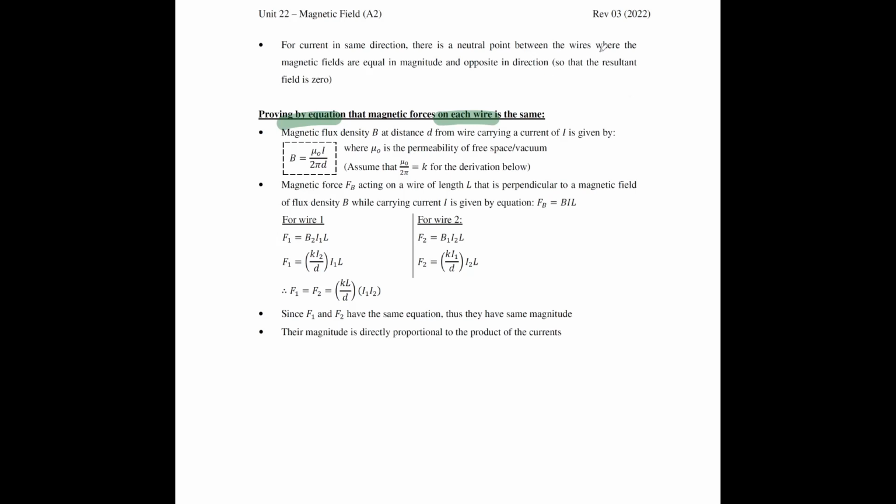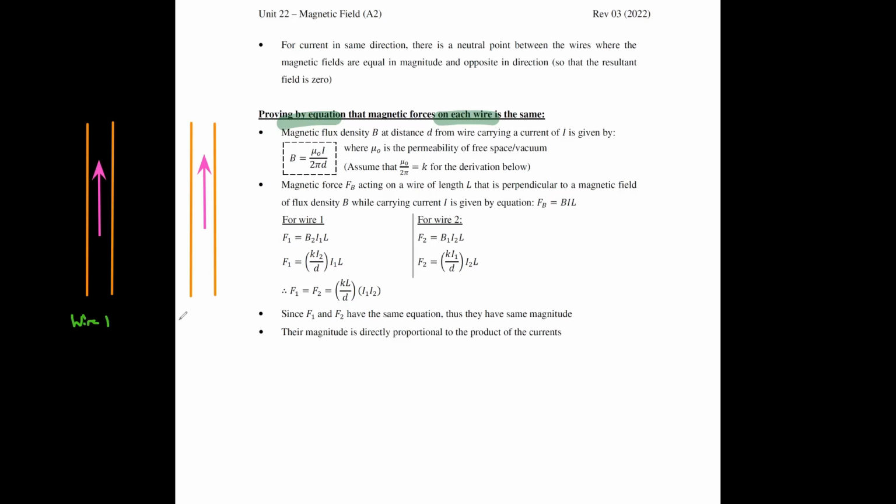All right, so let me just draw for you a simple diagram that shows you two parallel wires. Maybe we consider that the current that acts on each wire is in the same direction. Okay, so I call this wire 1, and then I call this wire 2.